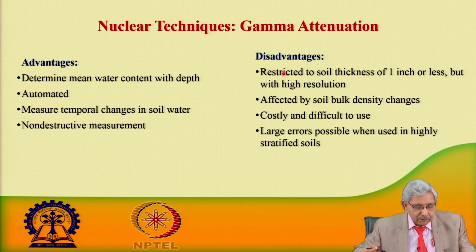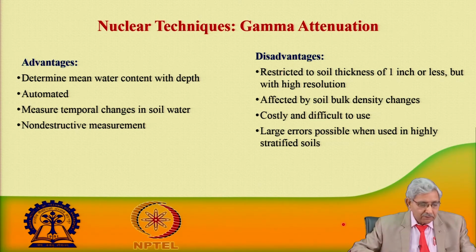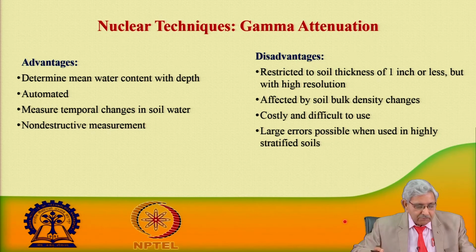There are some advantages. It gives mean water content in depth, and this particular device can be connected with the automated irrigation system, and then any temporal changes in the soil water can be measured. It is non-destructive, meaning soil samples need not be brought. It is in the field at the site itself, the observation can be measured.